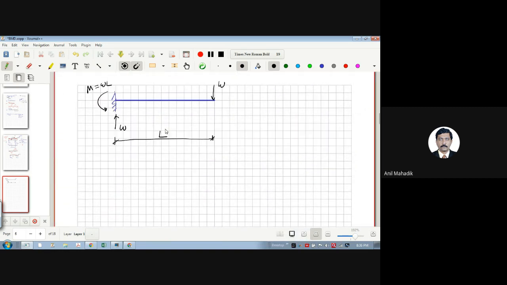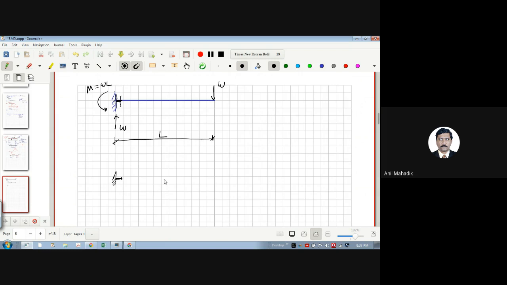For example, if I take just part of this section, this portion is a support, I'm just showing this. If I cut this here near the support, exactly near the support, what are the forces here? I'm splitting this beam near the support.